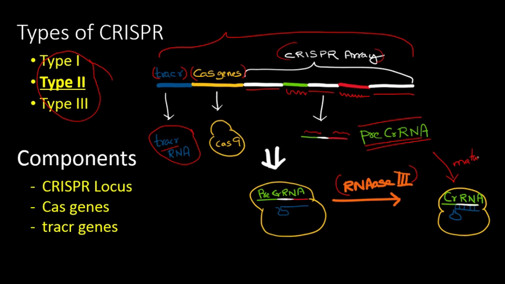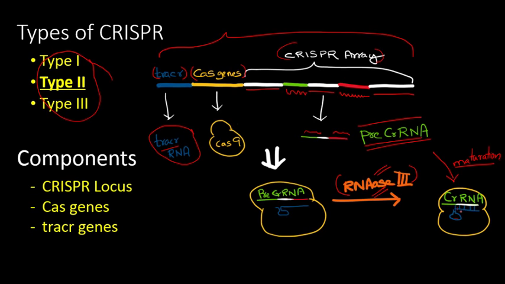So RNase 3 is important for maturation of pre-CRISPR RNA to CRISPR RNA, and this CRISPR RNA contains the tracer RNA. This blue is the tracer RNA, then this white is the repeat area. One repeat, one tracer RNA, and one unique sequence of the virus.